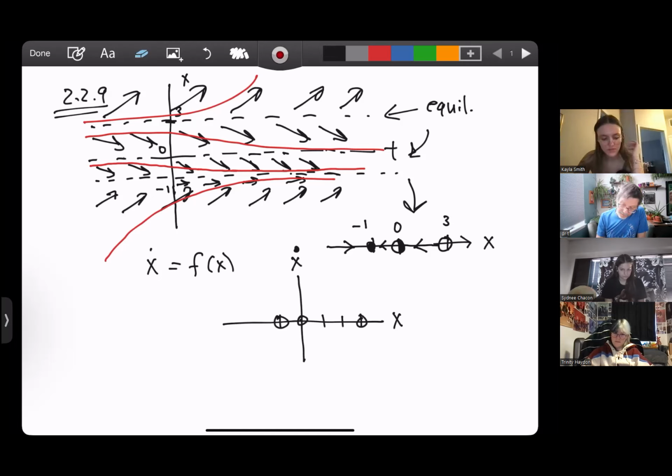So notice that to the right of 3, we have a positive flow. So that means down here, the graph has to be above 0 to the right of 3. And then that flow is negative between 0 and 3. So that means this graph would have to come under like that. Okay, are you following? Yeah, cool.